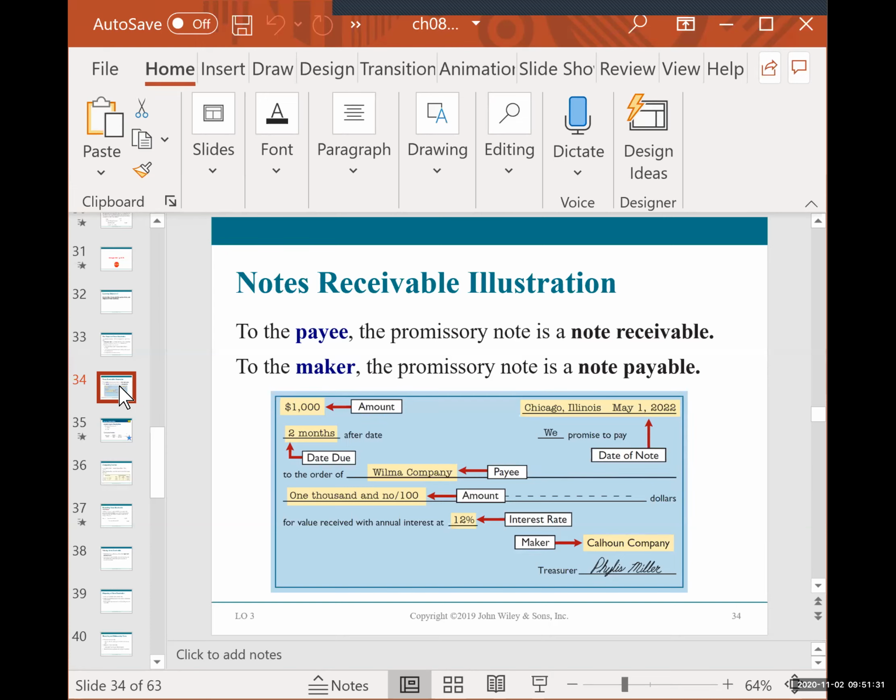It's going to have the length of the note, and here this one's 2 months. It's going to have the date of the note, where it was issued, who the payee of the note is, who the maker of the note is, and then what the terms of the note are, or what the interest rate is of the note. That will be listed on the note as well. So like I said, though, you're going to be seeing these notes in paragraph form. They're going to give you the information in paragraph form.